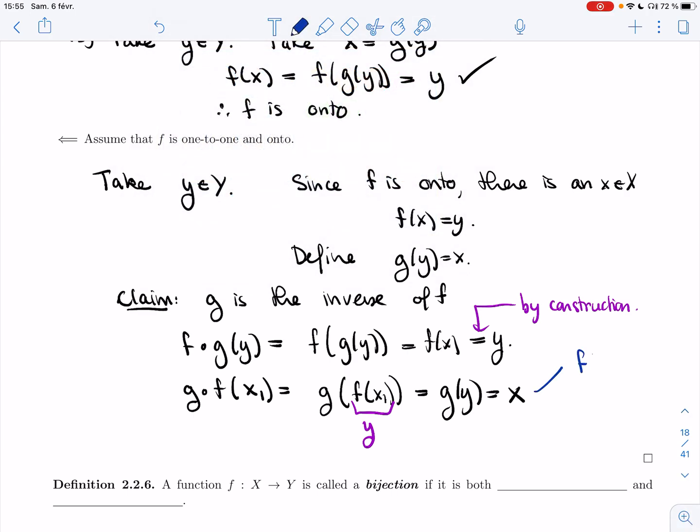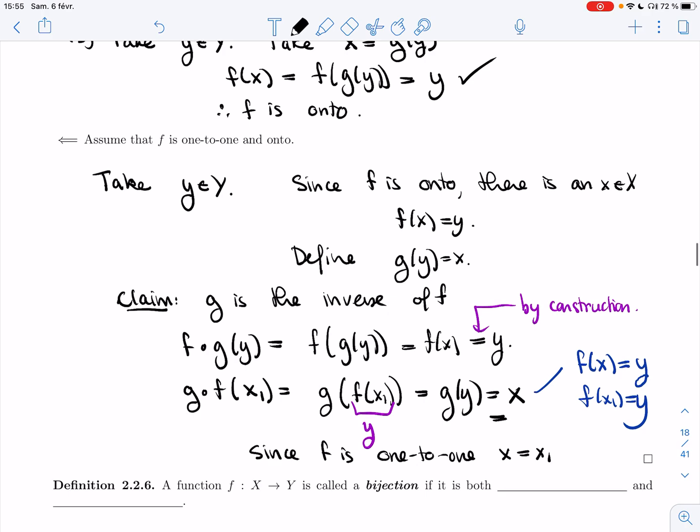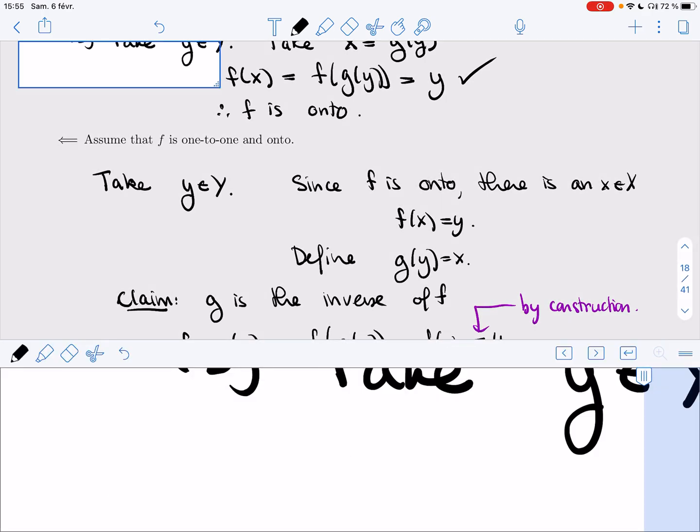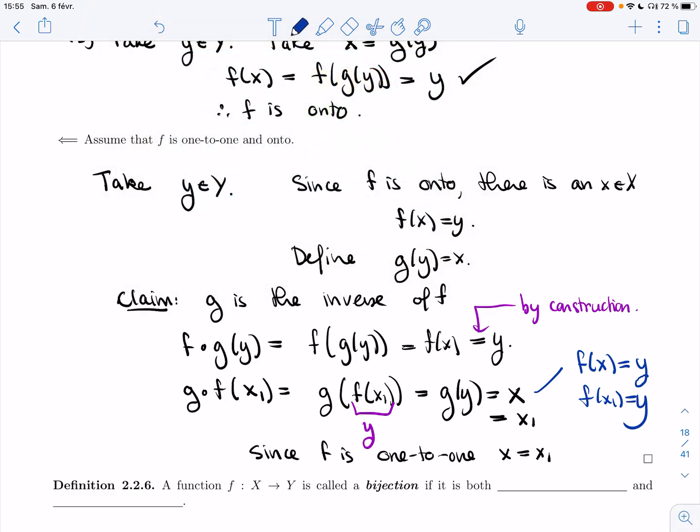Well, we've picked x so that f of x is y. But f of x1 is y as well. And so here we need f to be 1 to 1. So x equals x1, and so this is x1. And that's what we wanted.